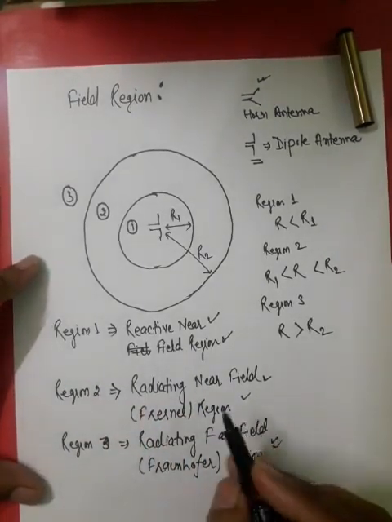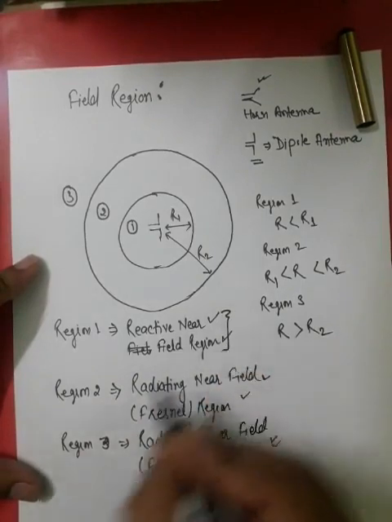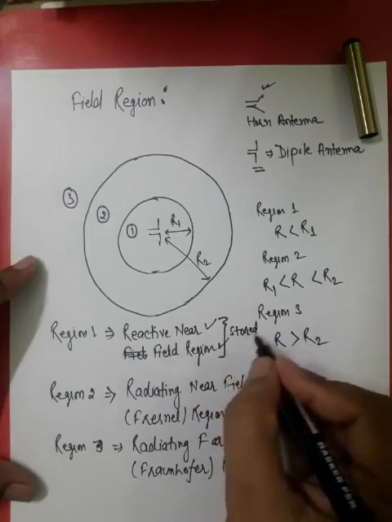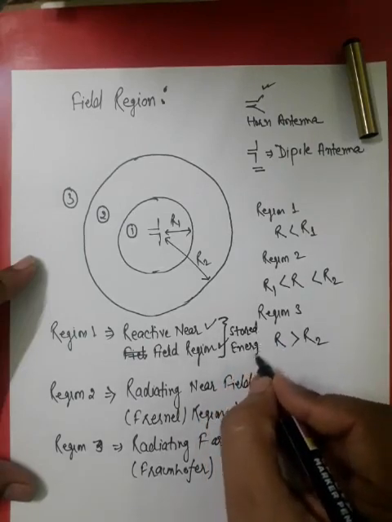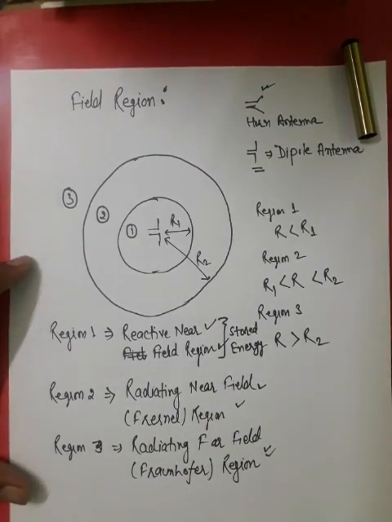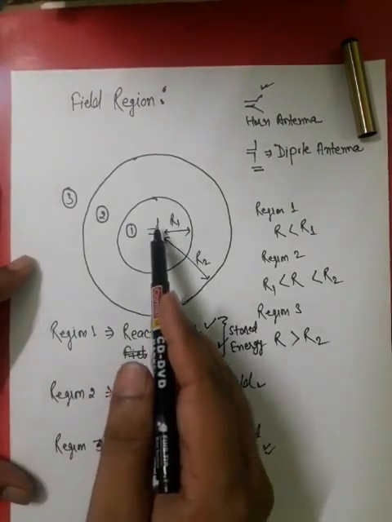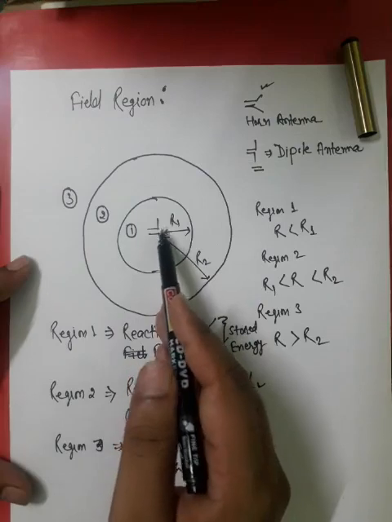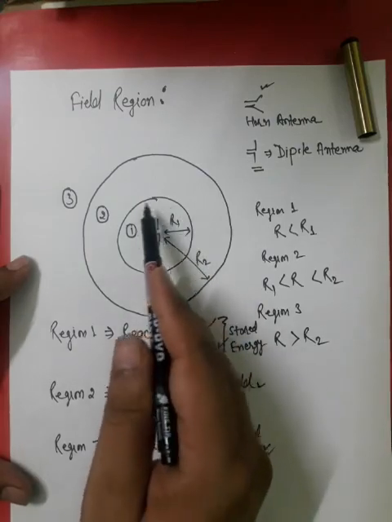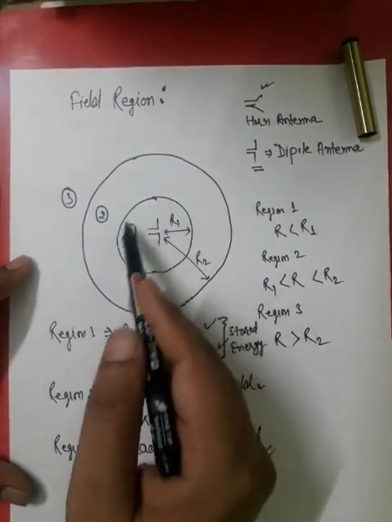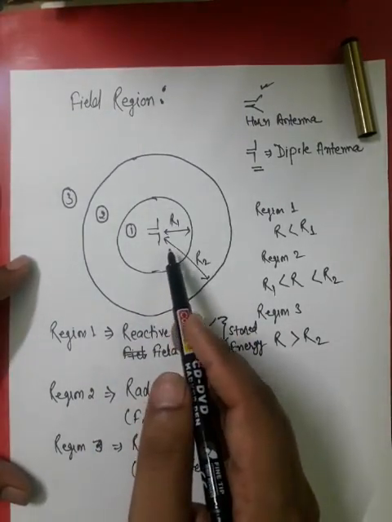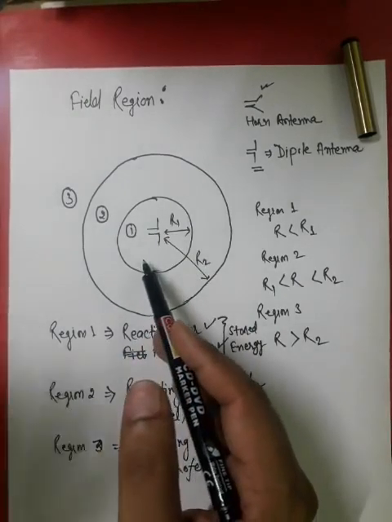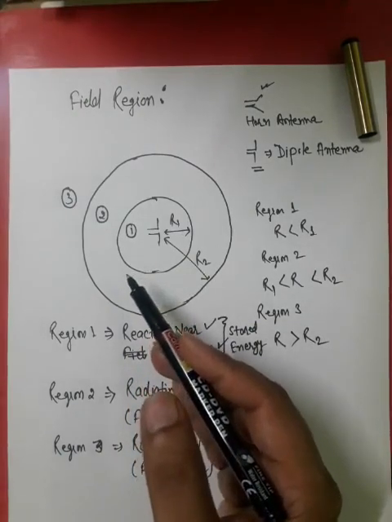This reactive near field, in this region, it is basically stored energy. It simply means that when the wave starts delinking from the antenna, or starts radiating, in this particular region the energy is stored. How is energy stored? As in an inductor and a capacitor.